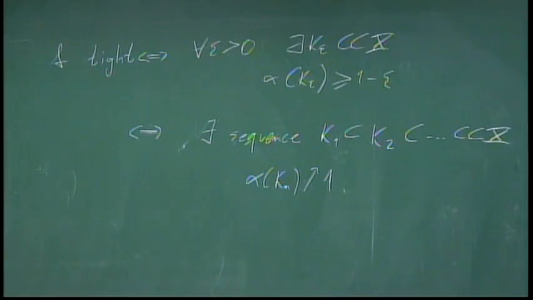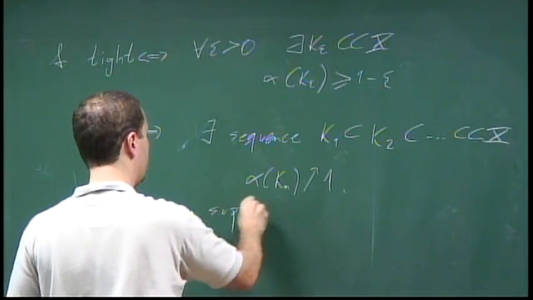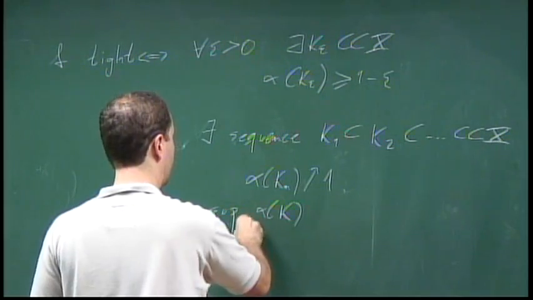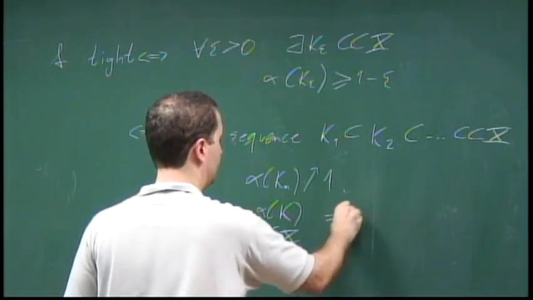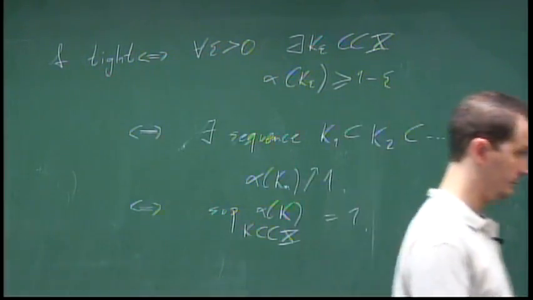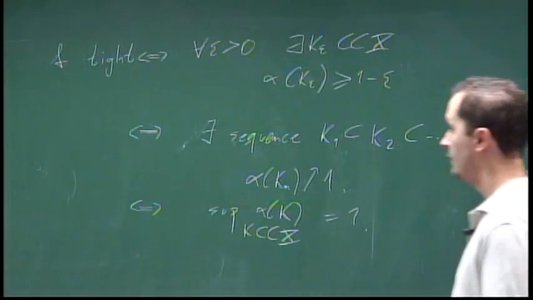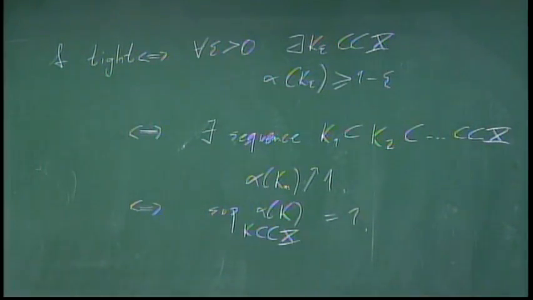Or if and only if, that's the same thing as saying that the sup of alpha of K for K compact contained in X is 1.